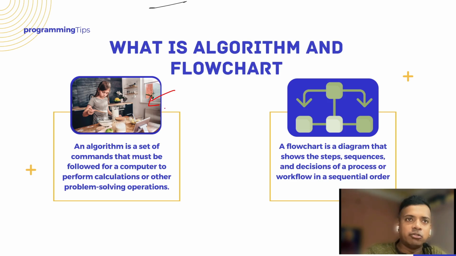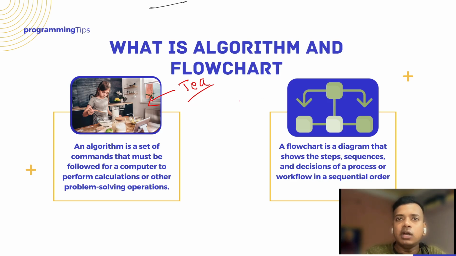I also don't know how to cook a cake, but take an easy cooking process as an example: how to make a cup of tea. First of all, we need to turn on the gas, then we need to boil water, we need to add the tea leaf, then sugar and milk also you can add. So these are the steps we use to make a cup of tea.